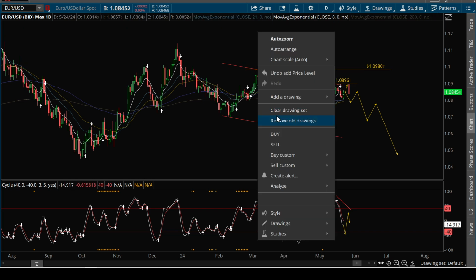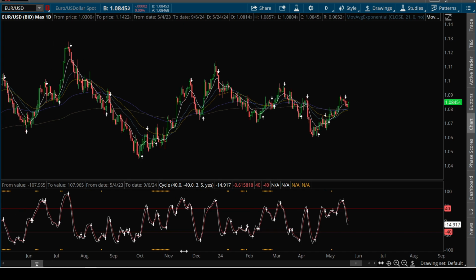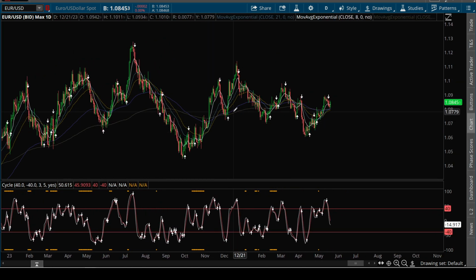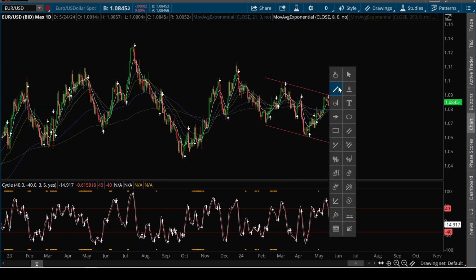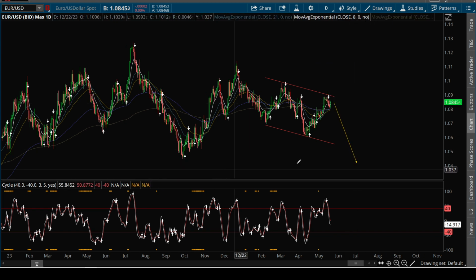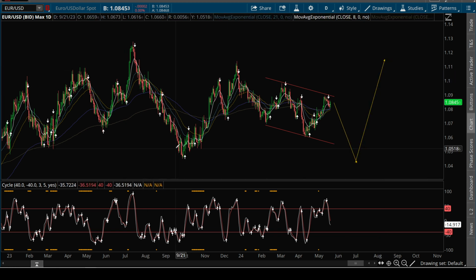Let me clear all this off. Right, so, and if we zoom out here, the clearest pattern you have is this right here being a running flat. And we get an impulse down like this. All right, and you're just making a big correction, right?